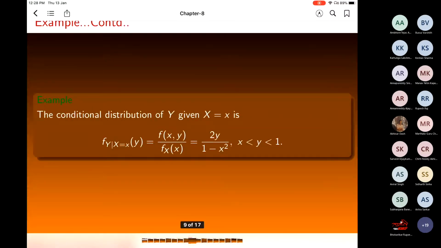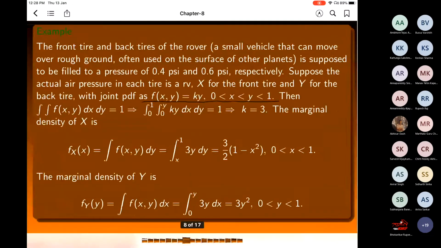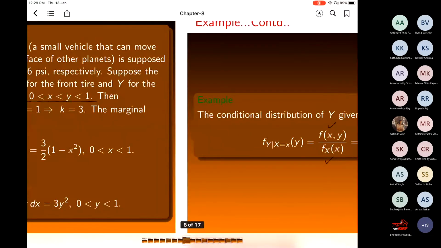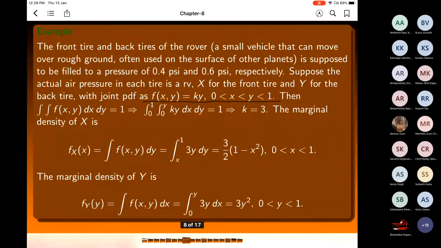So if you want to find the conditional density of y given x is equal to x, that will be the joint over the marginal of x. Joint is given by ky, and k we have found as 3y upon 3 by 2 into 1 minus x square.